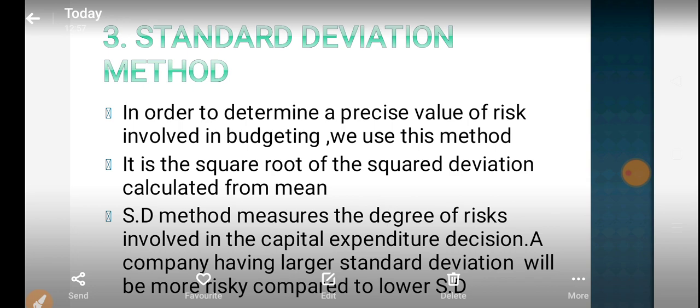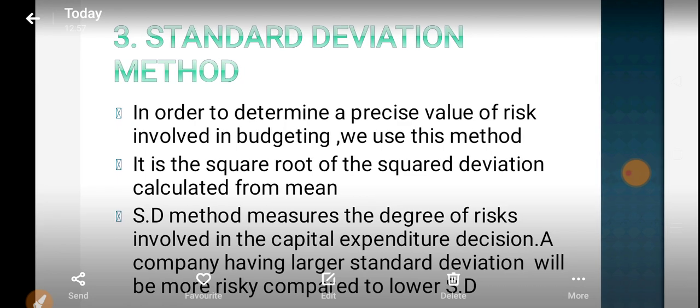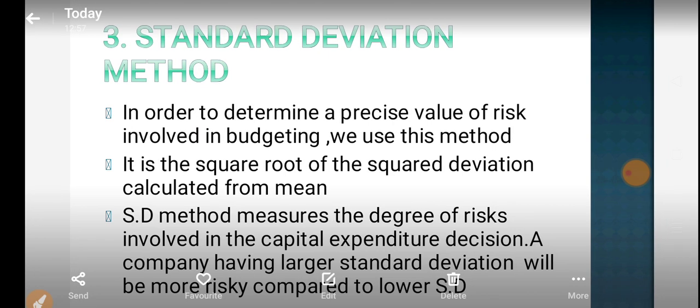When we compare a company with a large standard deviation to one with a lower standard deviation, we can see that if the standard deviation is more, its risk will also be high. So we are moving towards its calculation now.